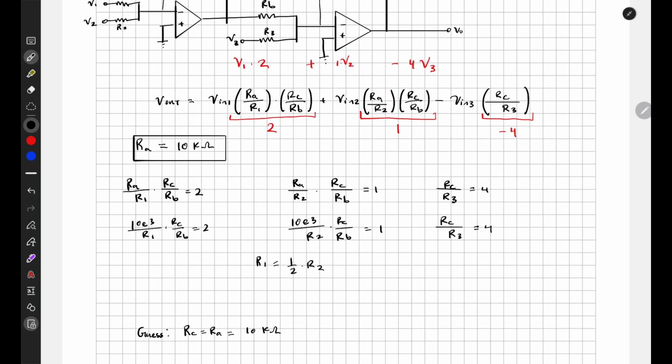Then, holding all else equal, RC would have to be the same, because this term here is the same as this term here. Using that information, they just make the guess that RC is equal to RA, which is 10 kilohms. So RC is equal to 10 kilohms. Okay.